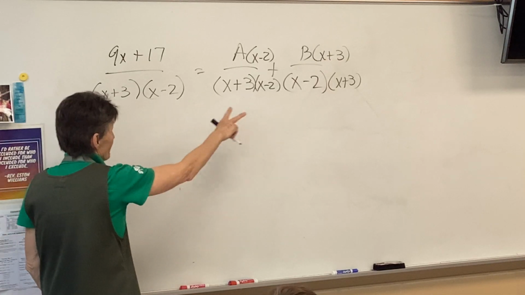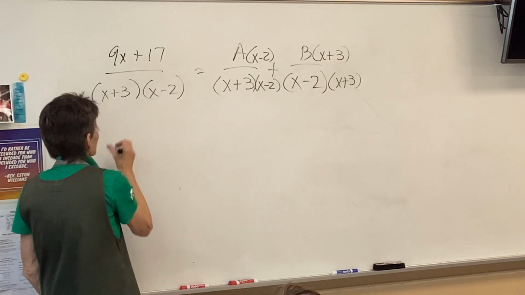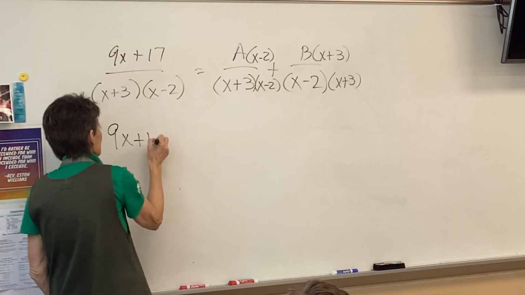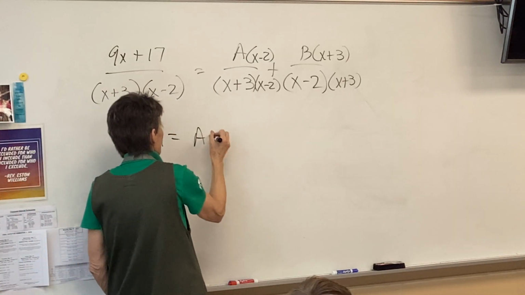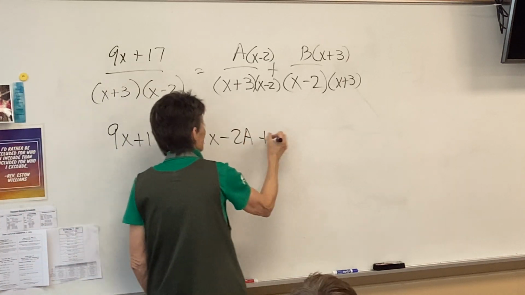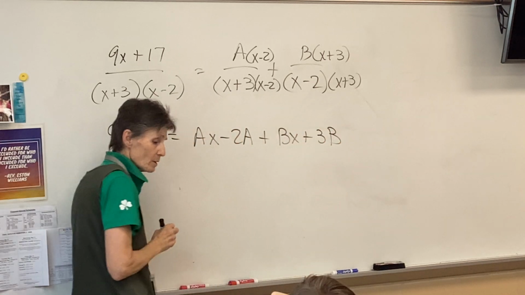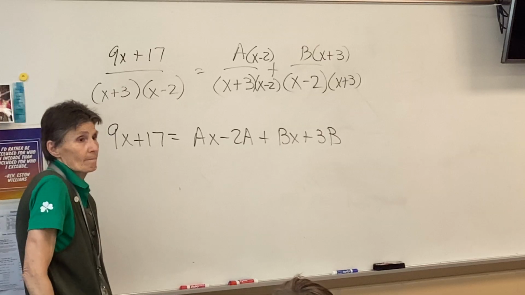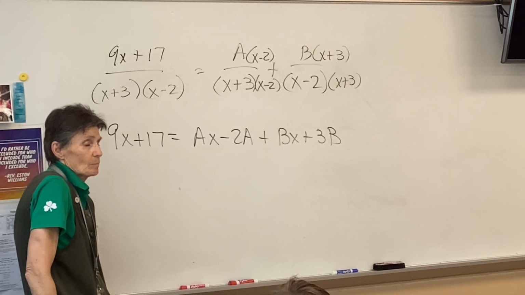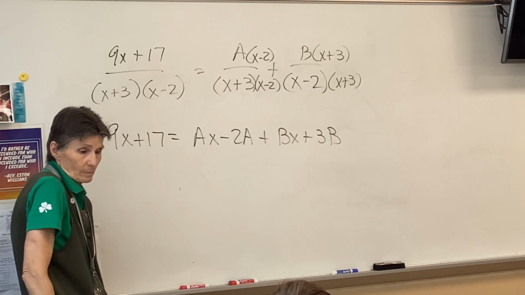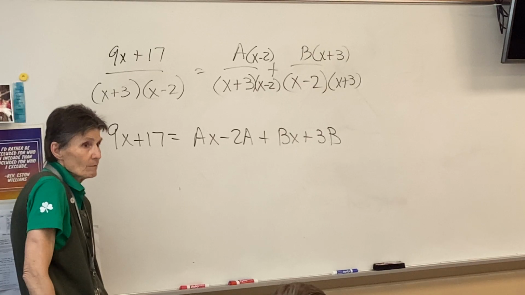Now all my denominators match. So 9x plus 17 equals a(x minus 2) plus b(x plus 3). What do you think? Are we okay? Is that all right with everybody?